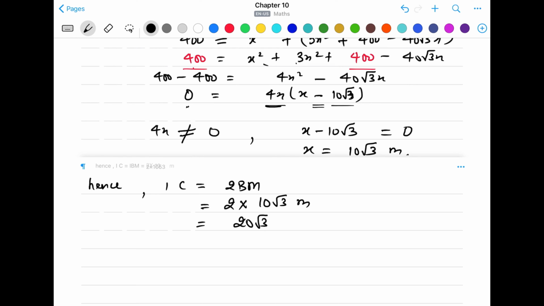So this will result as 20 root 3 meter. That is the value of BC, or the string of the telephone which these children are using.